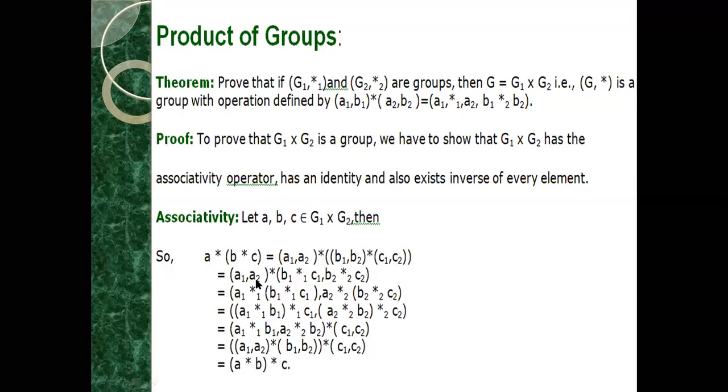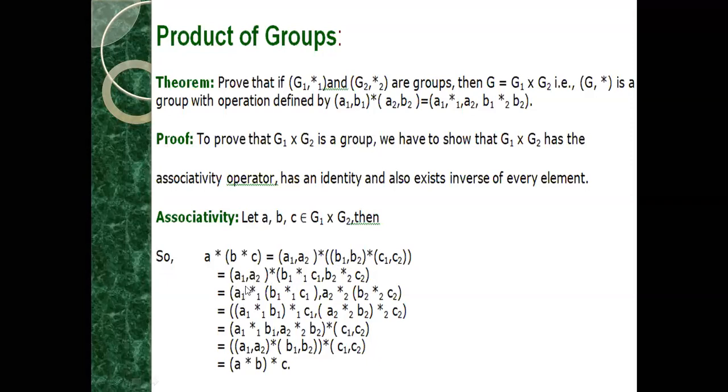So the first ordered pair is, as in the first step, (A1, A2) star, and this can be written as (B1 star 1 C1, B2 star 2 C2), where star 1 is the binary operation for group 1 and star 2 is binary operation 2. Next, we apply the definition for these two ordered pairs.